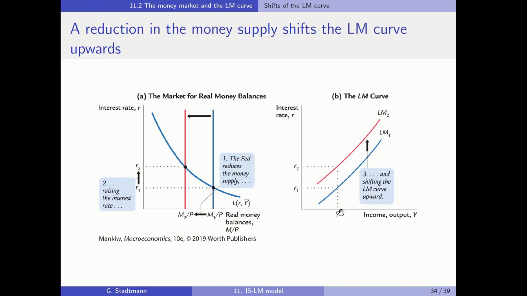You can see it here, that this was the previous LM curve, the blue line. When the central bank decreases money supply, the interest rate increases to the level R2, and hence the LM curve has to shift upwards. The LM curve has to shift to this red LM2 curve, and hence a reduction in money supply will shift the LM curve upwards.